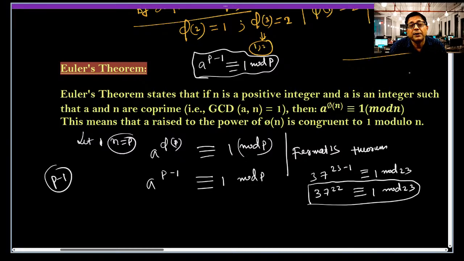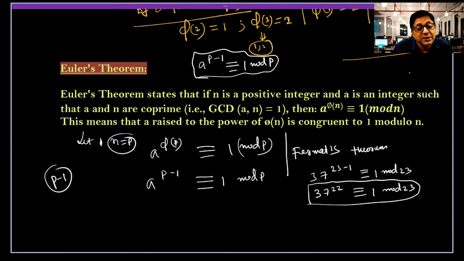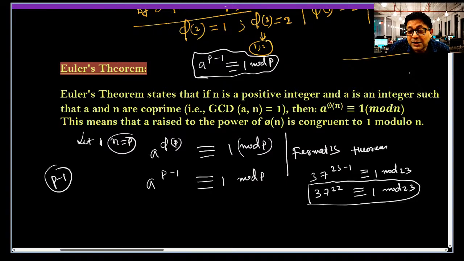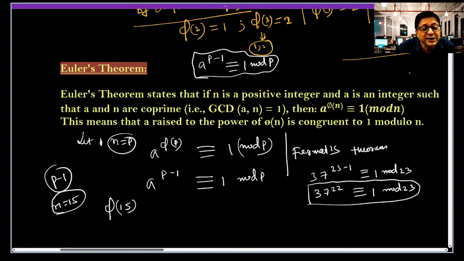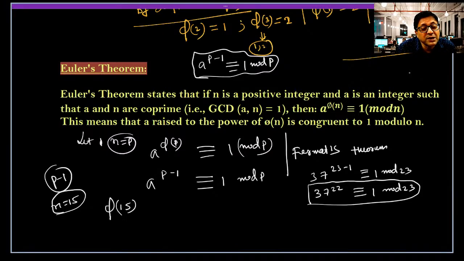But let me find the value of phi 15. Say I am taking n equal to 15. How many numbers are there?